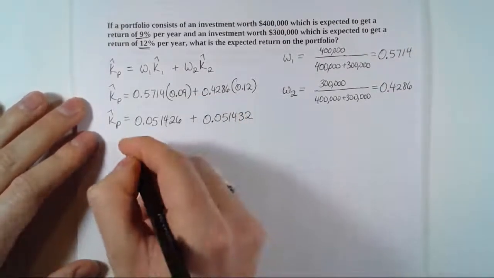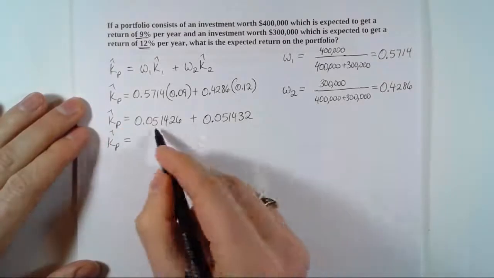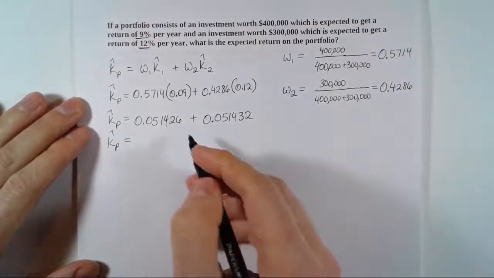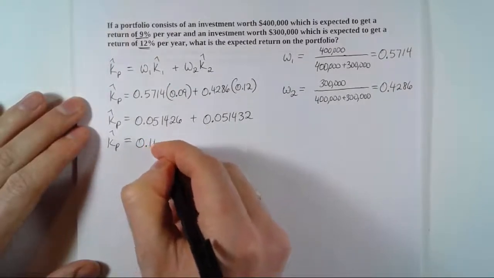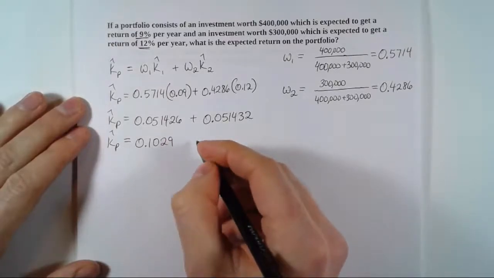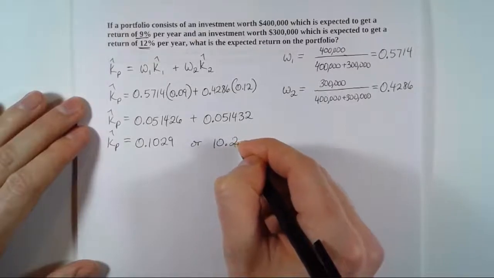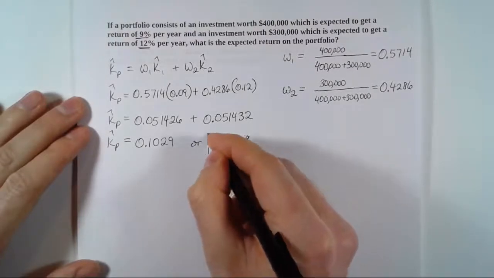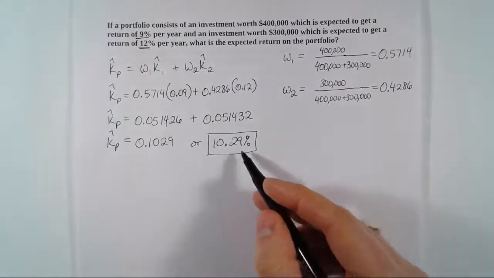And now what you should do is pause the video and find the sum of these two. All right, so if you pause the video and added that up, what you should have gotten was 0.1029, because I'm rounding off now as the last step, or in other words, 10.29%. So that means my expected rate of return on this portfolio is 10.29%.